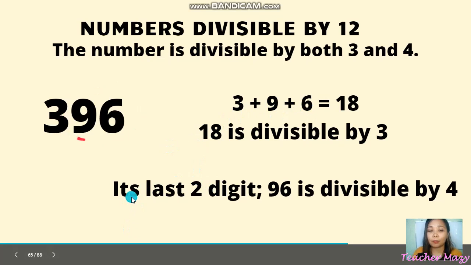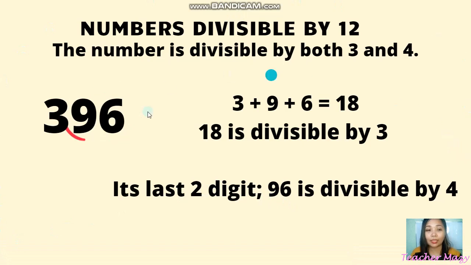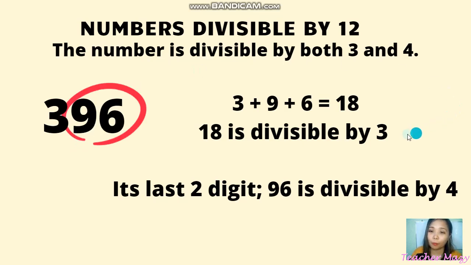Next is observe its last two digits. So its last two digits are 96. And 96 is divisible by 4. So that means this number, 396, is divisible by 12 because it is divisible by both 3 and 4.